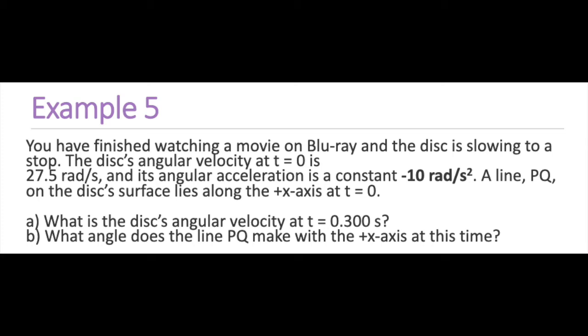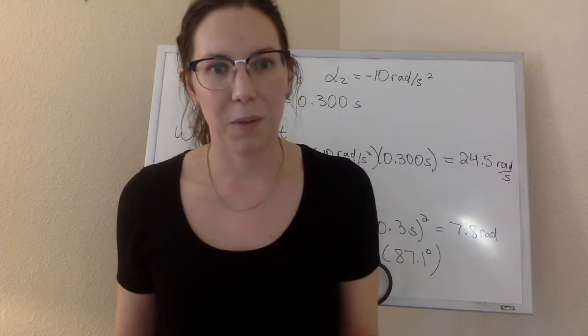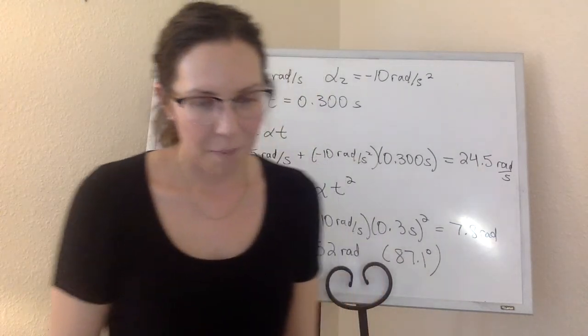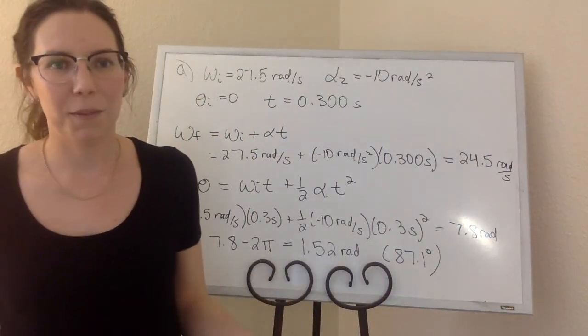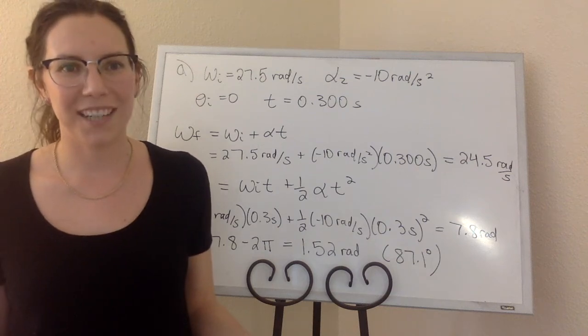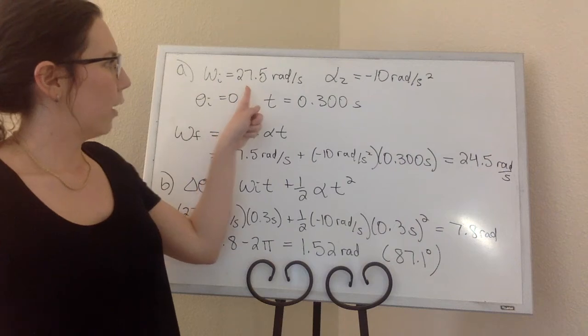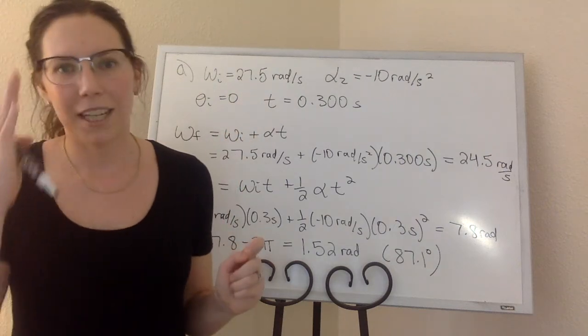Okay, and the line PQ is just along the x-axis to start. So we're looking for the final angular displacement in part B. But first, let's look at part A. Again, I think it helps to make a list of all the known information. As the disk is slowing down, we have an initial angular velocity of 27.5 radians per second.